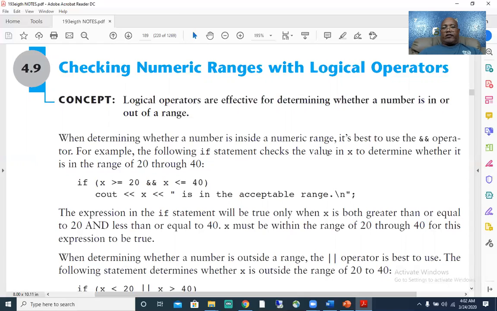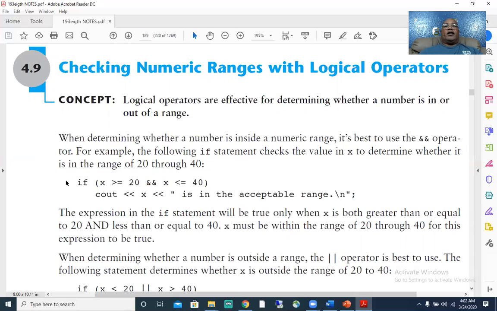If the statement checks the value in X to determine whether it is in the range of 20 to 40, then you would do something like this.